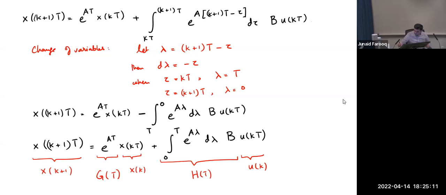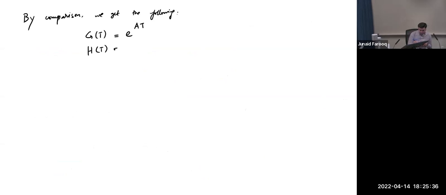By comparison, we get the following. G(T) is e to the power AT, and H(T) is the integral from 0 to T of e to the power A lambda d lambda, and B. So that is the final result for discretizing a continuous time system.